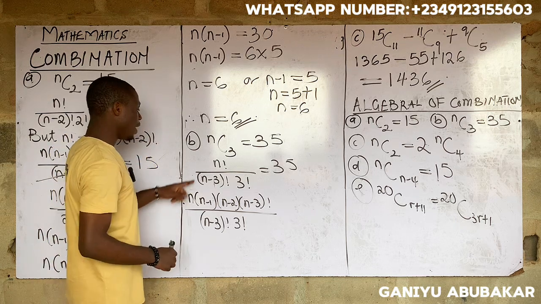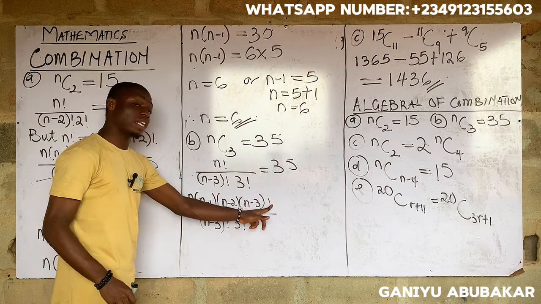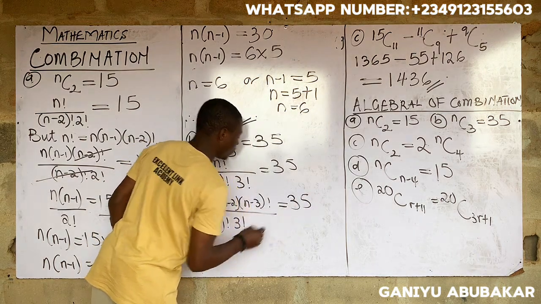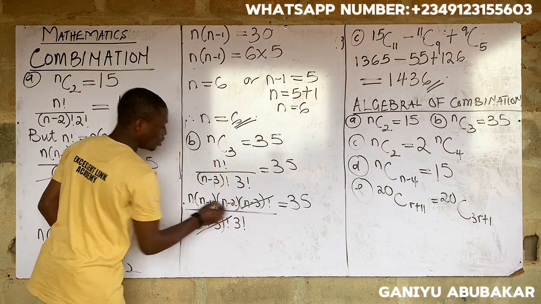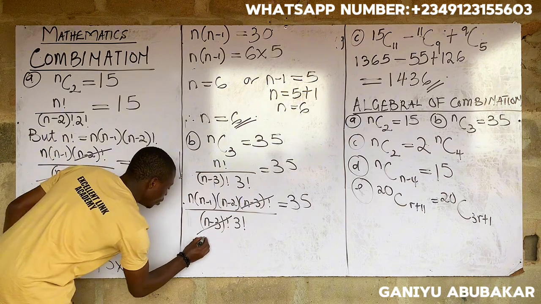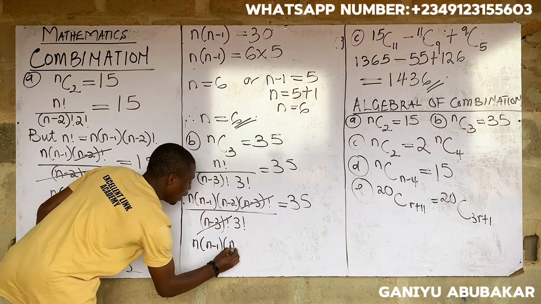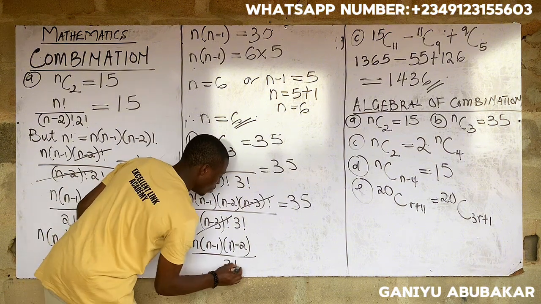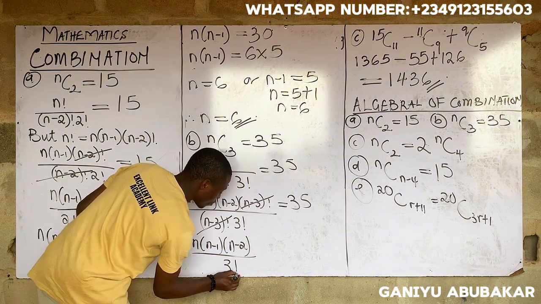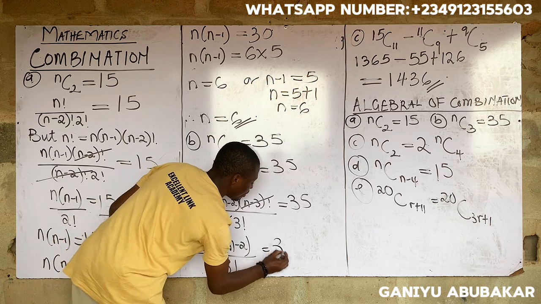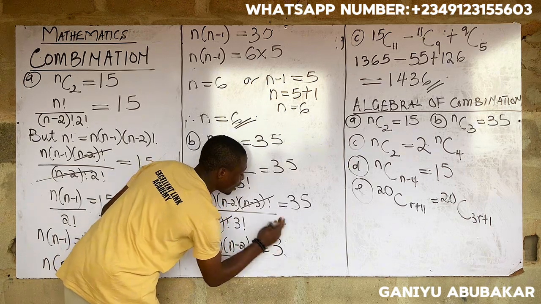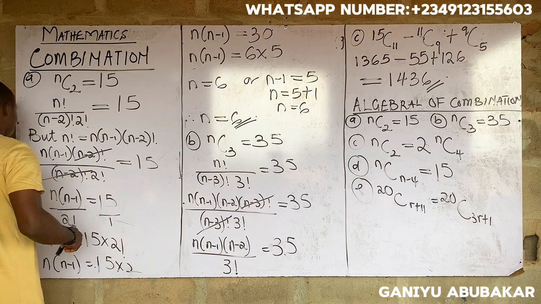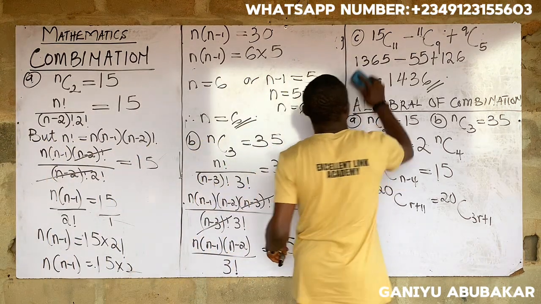I explained why this n factorial exists in our previous class, right? Equal to 35. So this cancels this here. I'm having n into n minus 1, n minus 2, over 3 factorial, equal to 35. So what I do at this point is cross multiply. So from there I'll cross multiply and we'll get.